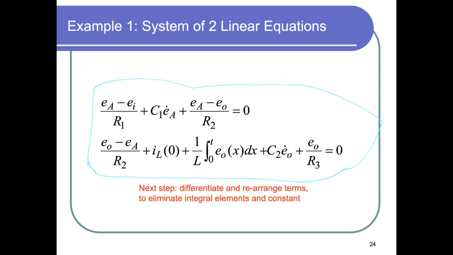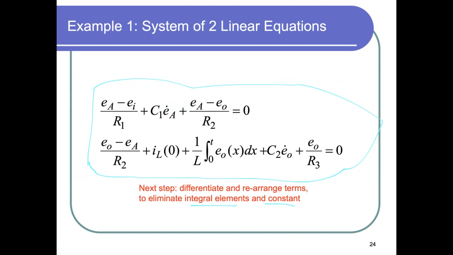These 2 equations capture the relationship between the input and the output. We can also take a step further and differentiate both equations, and rearrange the terms to eliminate the integral elements and the constant. Because this is not a full differential equation.